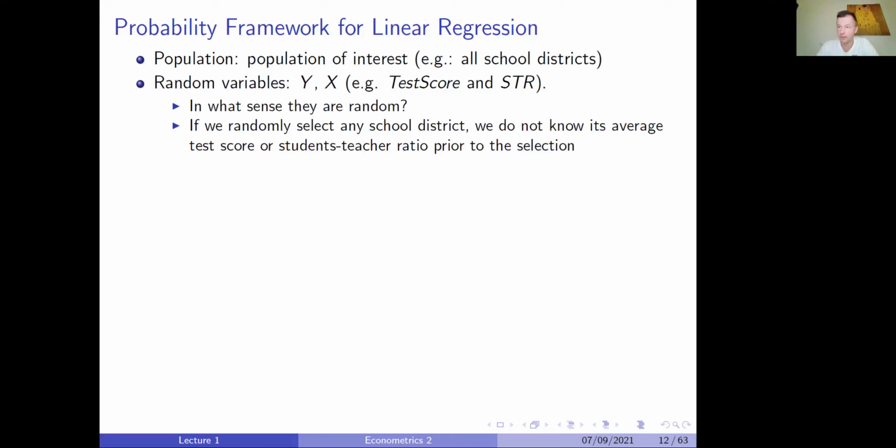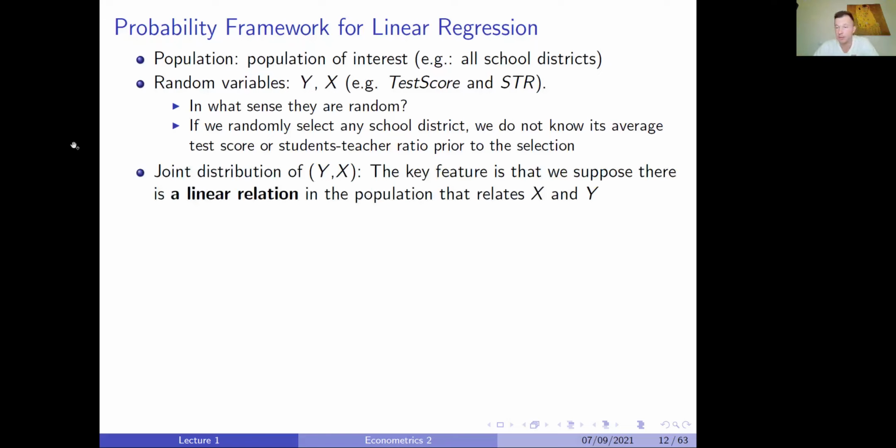I don't know gender, age, weight, or the color of the person's eyes. I know nothing. Before I ask a person all these questions, each variable is random. Gender, random. Weight, random. Age, random. After I have this information, they are no longer random.